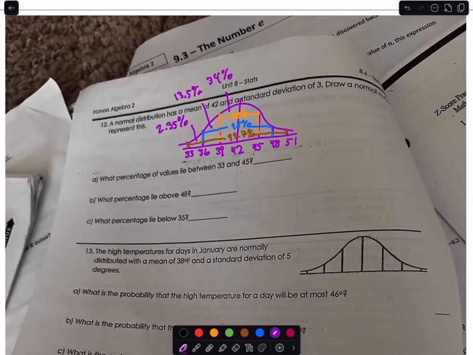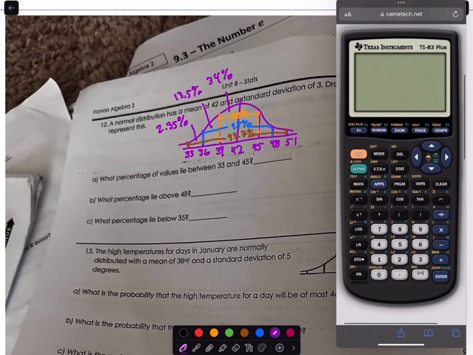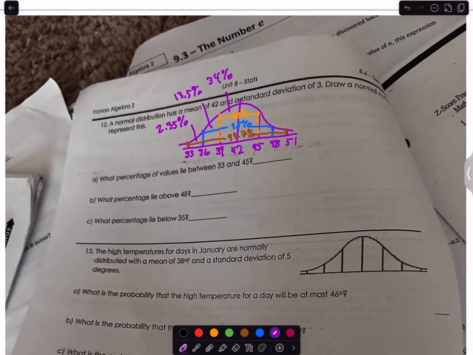So if we want from 33 to 45, we say the 2.35 plus the 13.5 plus the 34 plus an additional 34. Okay, so 2.35 plus 13.5 plus 34 plus 34 is 83.85%.